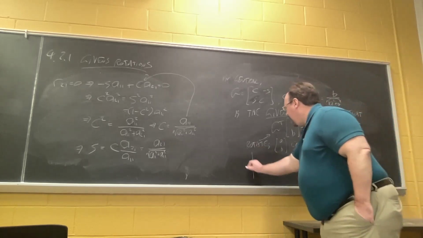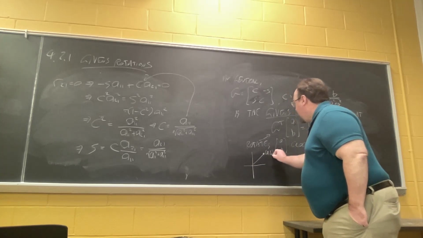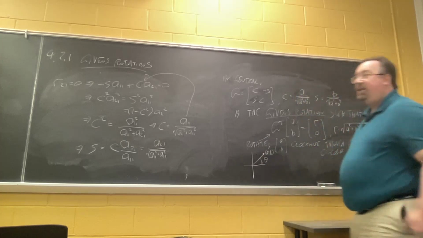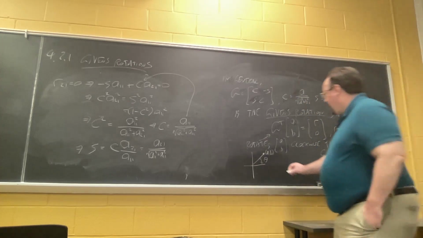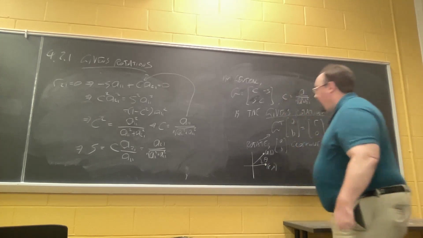So to draw a picture, let's suppose this is your point AB. It's going to rotate it through the angle theta back down to the positive x-axis. So this would be your point R and 0.